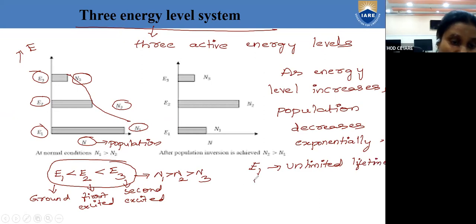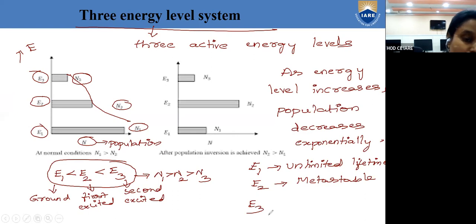E2 and E3. Let us suppose that E2 is a metastable state and E3 is a higher excited state.